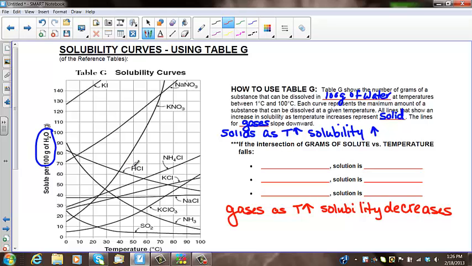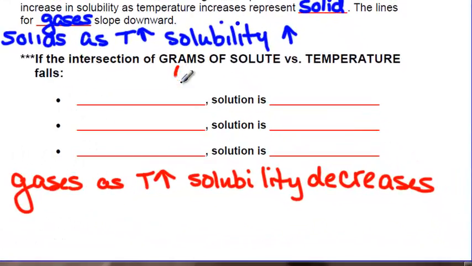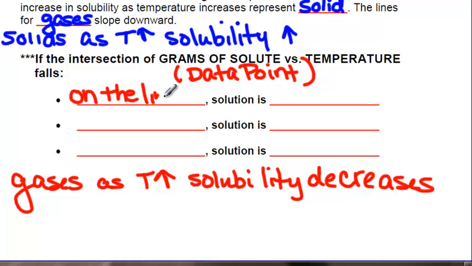All right, so how do I tell if something is saturated, unsaturated, or supersaturated using Table G? If the intersection of grams versus solute, so what they're talking about here is the data point, is on the line, then it is saturated.